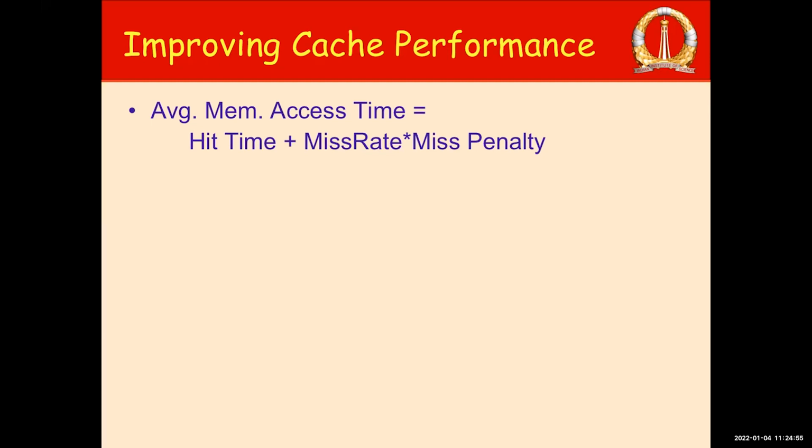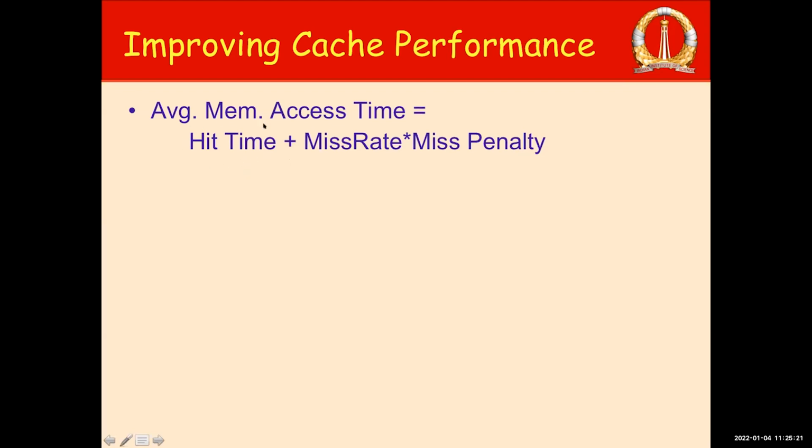right? But if it's available, let's say 90% of the time, and only in the remaining 10% of the time it's not available in my cache, of course, I always first check in the cache, and only after I find out that it is not available in the cache, I go to the next level. Let's say the next level is memory. So initially, I just incur what is called a hit time, and if the data is available, I get the data.